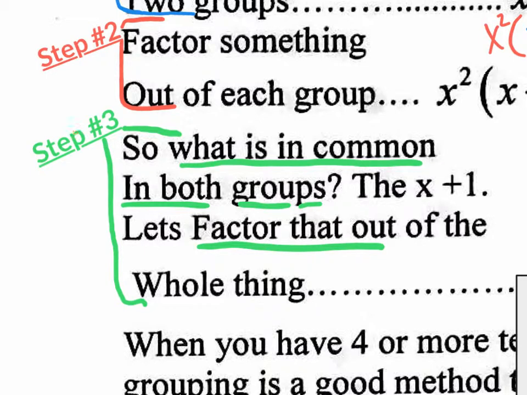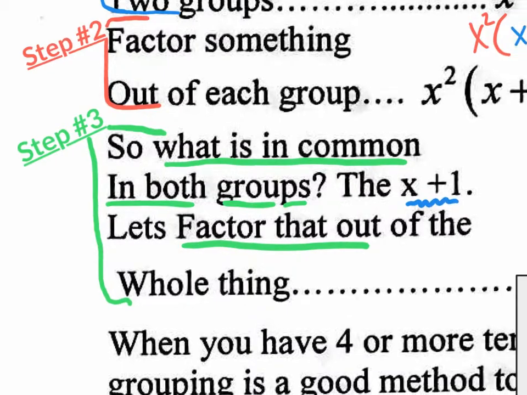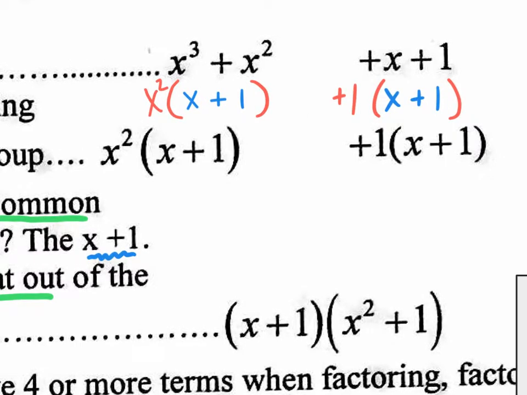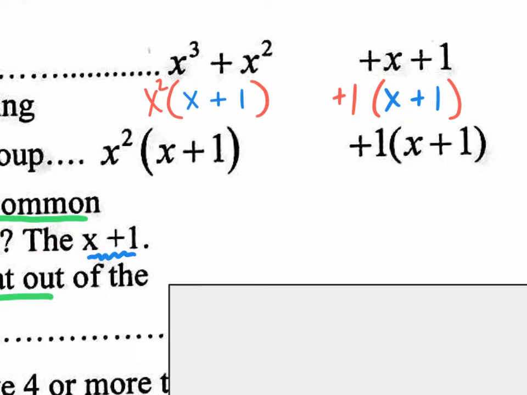Step 3, so what's in common in both groups? You look at the common binomial, and there happens to be a common binomial of x plus 1. And we're going to factor that out. Okay, this is the weirdest part right here. Check this out. Again, let me ignore the answer.